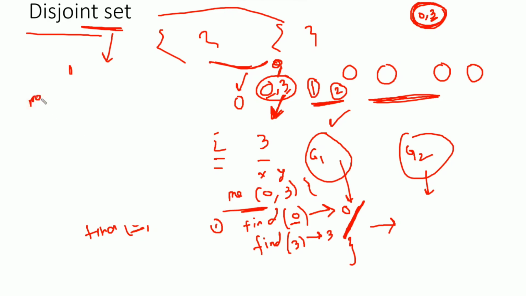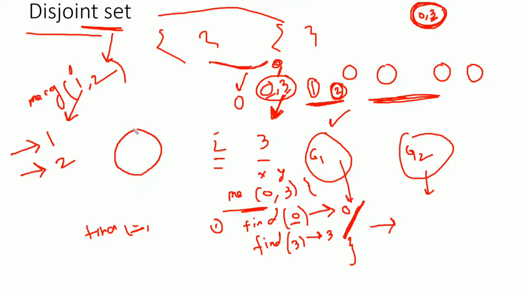For data 1, as it is a single data, its representation is 1. For data 2, its representation is 2. Since the representations are different, I will perform the merge operation and create a group having data 1, 2.